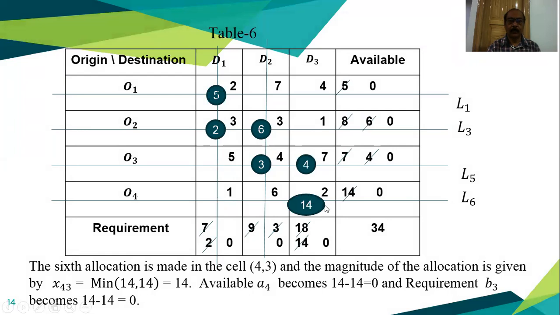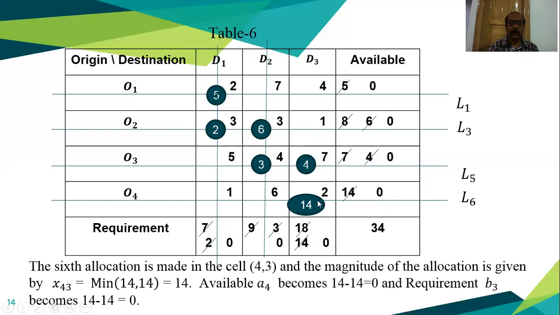Now we have moved downwards in destination column 3. How much is left? 14 units is our available and 14 units is the demand. In the last allocation, both will be the same because this is a balanced transportation problem. If it is not balanced, we have to make it balanced by using the property that we already discussed in the previous class.